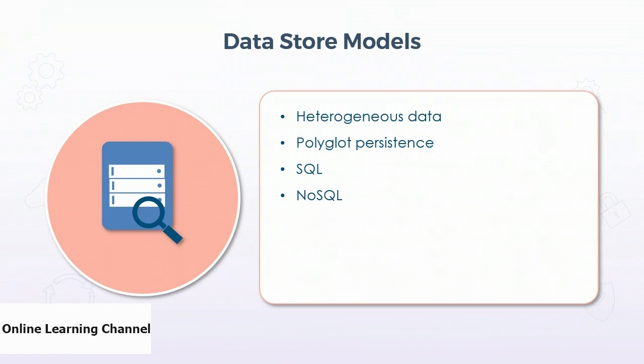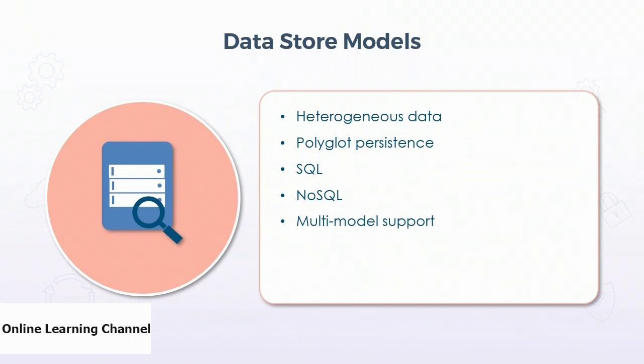SQL databases use a schema. They're tied to a specific format, and data has to be in that specific schema. NoSQL databases are much less schema related. You can store many different types of data in a lot of different formats. So that brings us to what we call multi-model support.